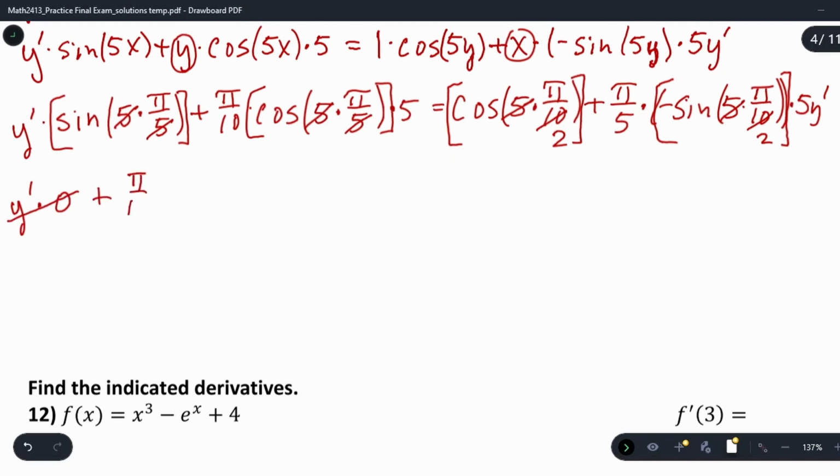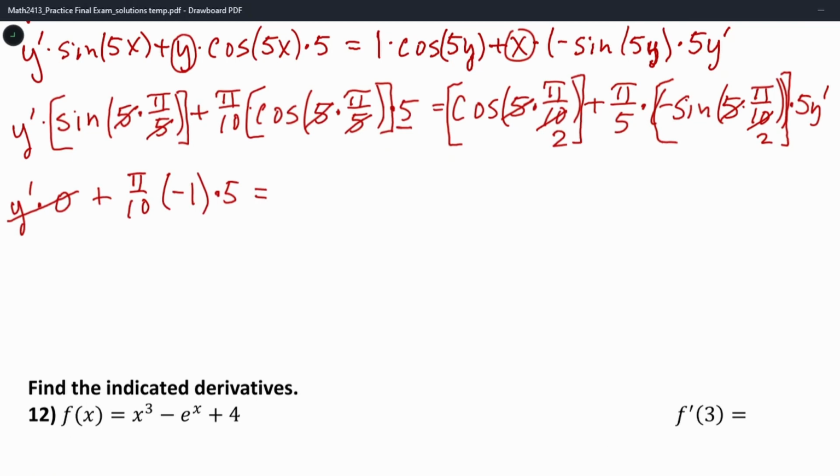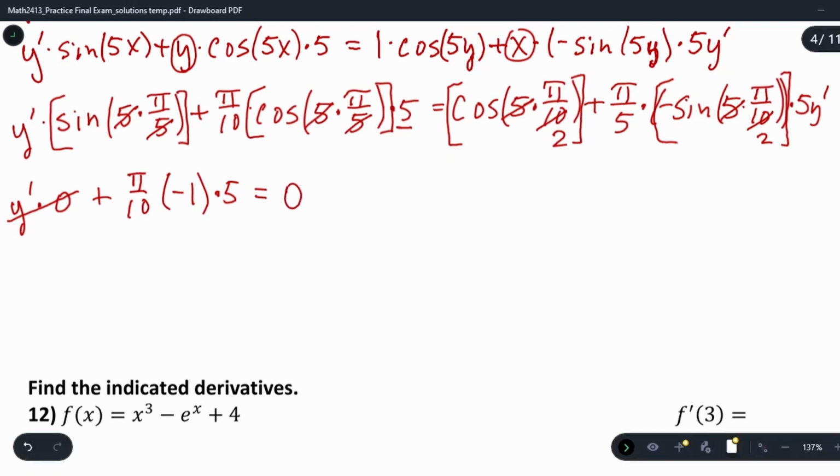Plus pi over 10 times the cosine of pi. Cosine of pi is negative 1, and then don't forget we have that times 5. On the other side, we have the cosine of pi over 2, that is 0, plus we have pi over 5 times.